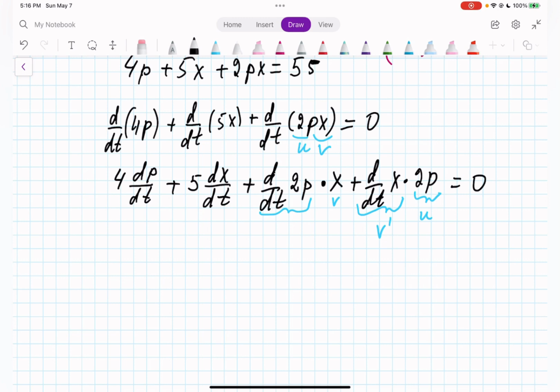It's going to be 4 dp by dt plus 5 dx by dt. Now here we have x.